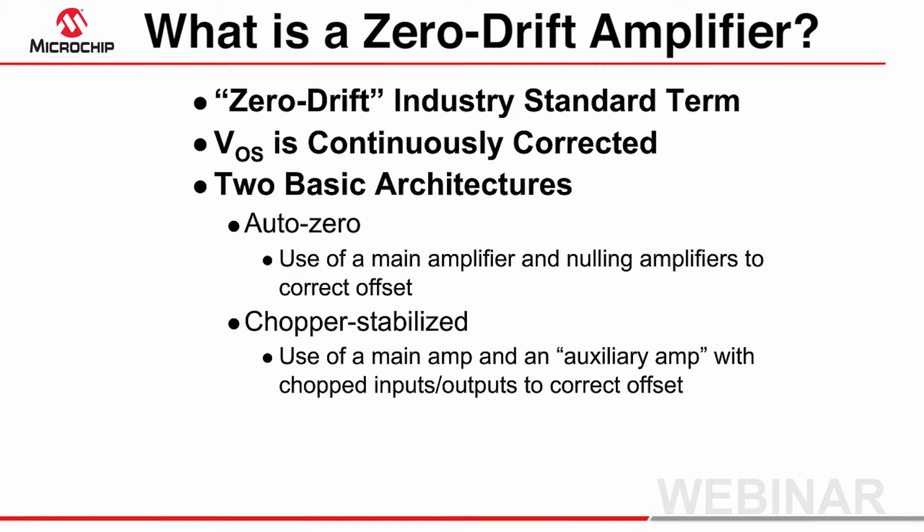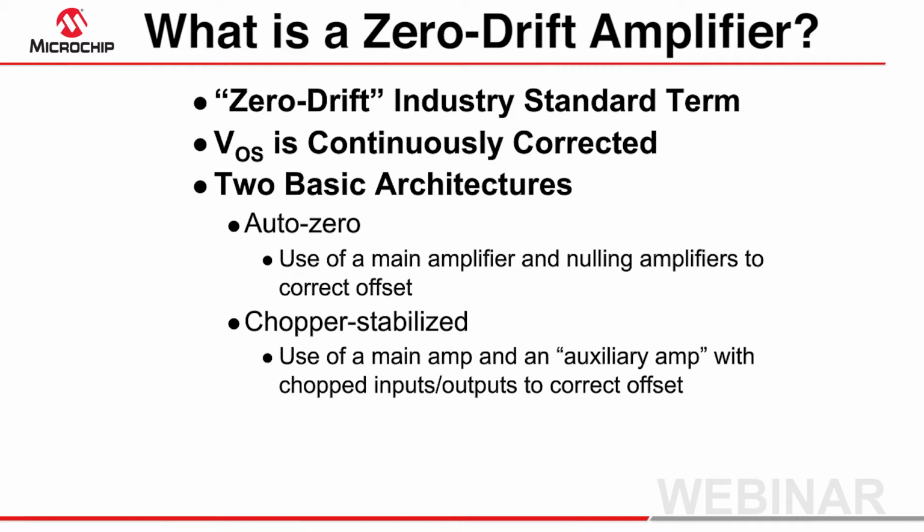Now, in order to be considered a precision amplifier, because we've been using that term quite a lot lately, the offset voltage must be below 1 millivolt, and this is a maximum specification at room temperature. So zero drift amplifiers obviously fall under the larger umbrella of precision amplifiers.